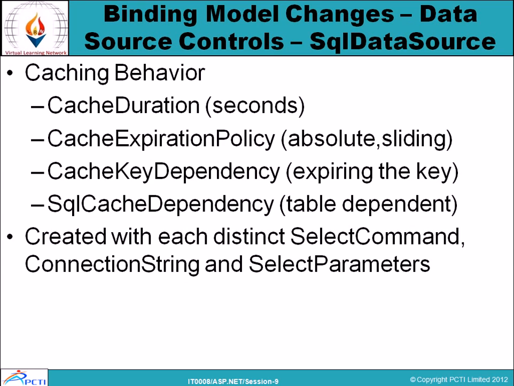Caching behavior includes cache duration and cache expiration policy, which takes absolute or sliding as a parameter. Next is cache key dependency and SQL cache dependency. It is created with each distinct SQL command, connection string and select parameters.